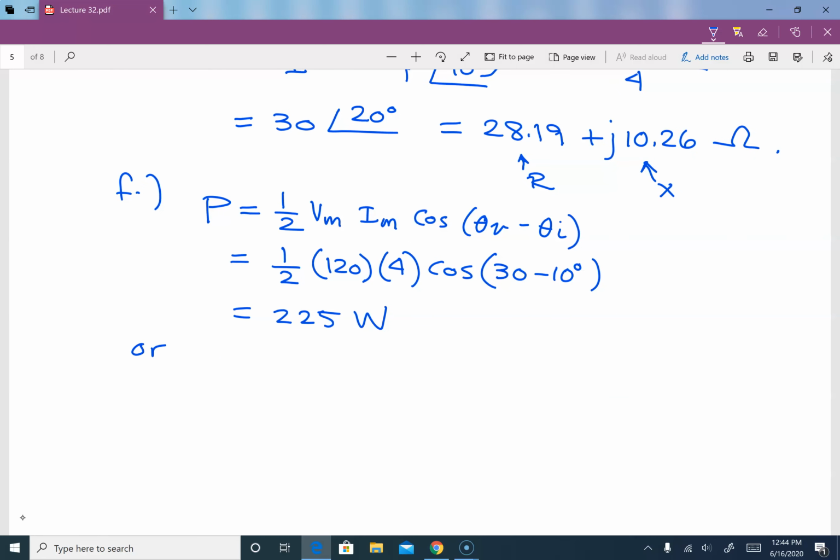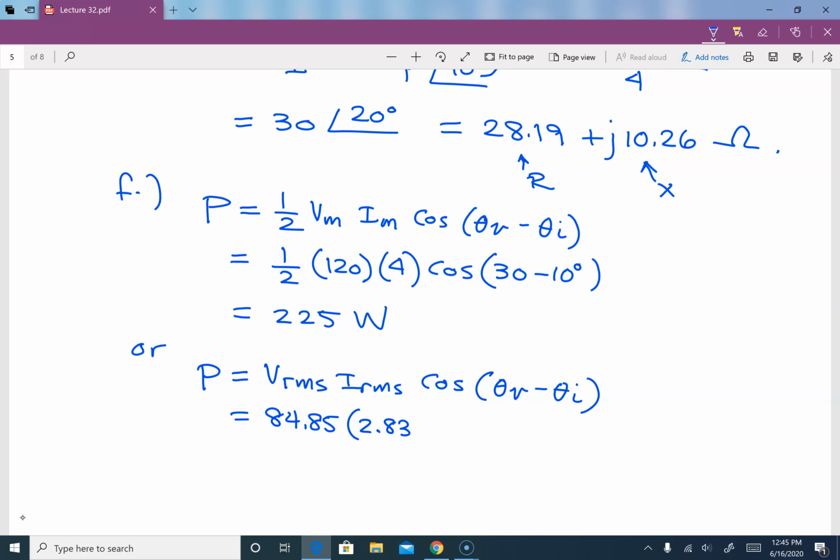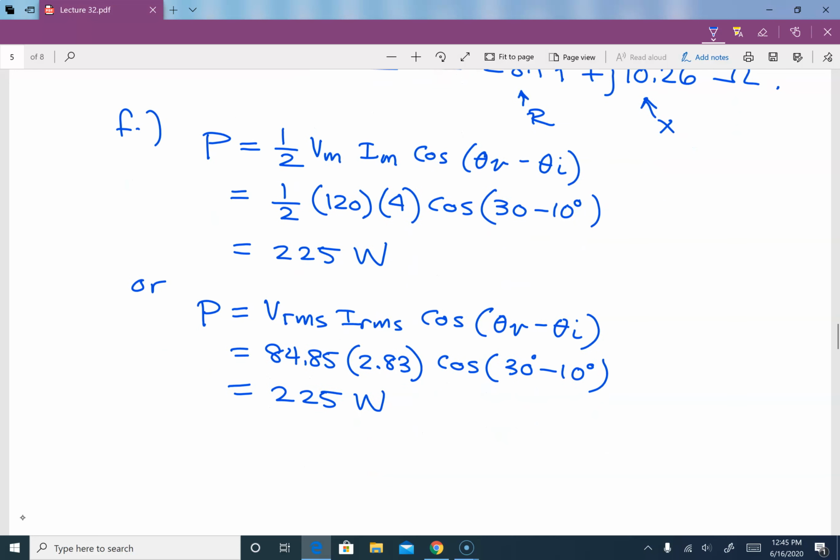Or you can use P as VRMS IRMS cosine of theta V minus theta I, and that is equal to 84.85 times 2.83 cosine of 30 minus 10, and that is 225 watts.